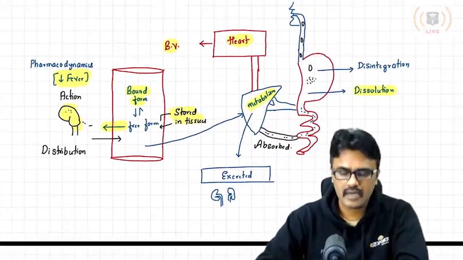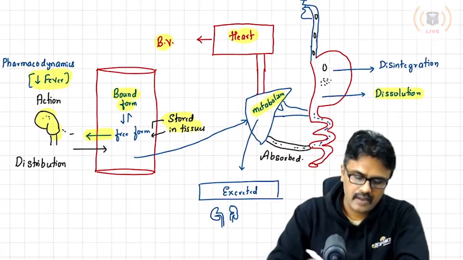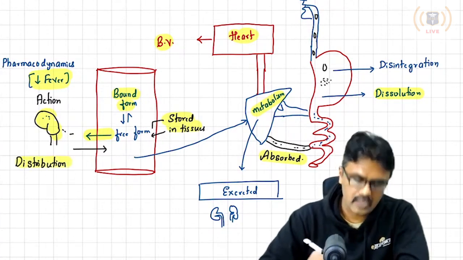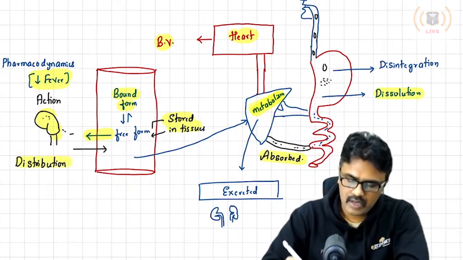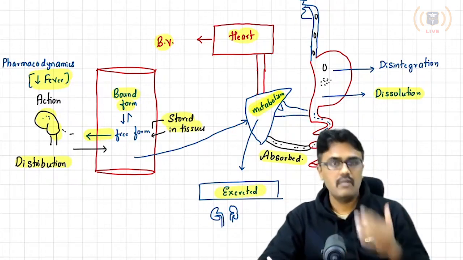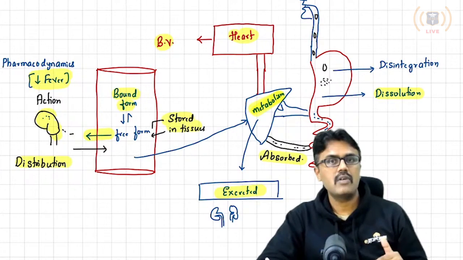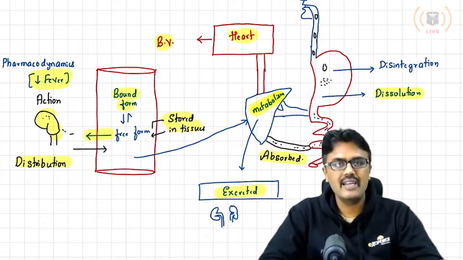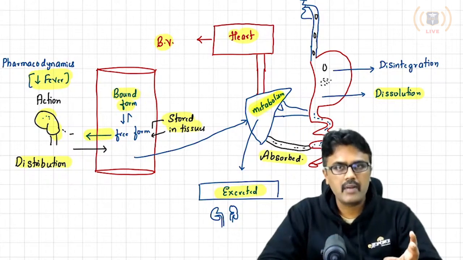So this is what happens when you take a drug. Just see this image and tell me: first the drug was absorbed, then it was distributed, it was metabolized, and later it was excreted out of the body. And that's why we have to take the paracetamol tablet repeatedly. So what your body is doing is absorbing, distributing, metabolizing, and excreting the drug.